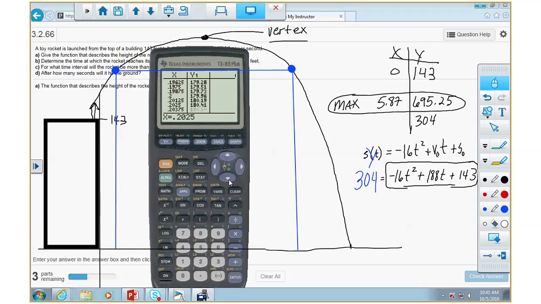We'll get there eventually. But then you could do it algebraically. I'll do it here in just a second. I'm at 200. Well, 195.